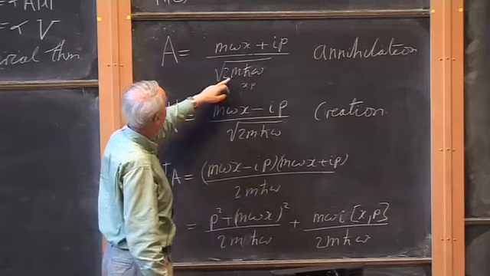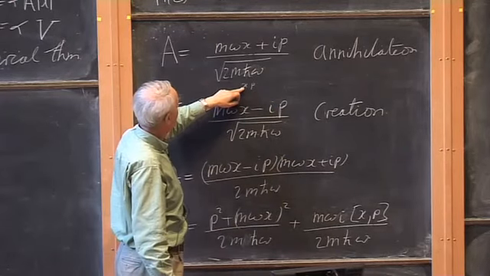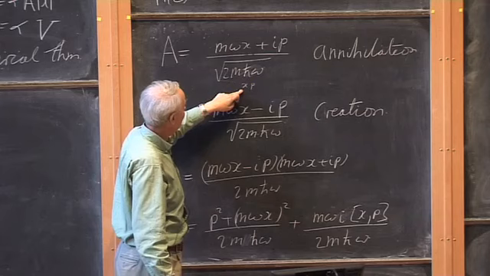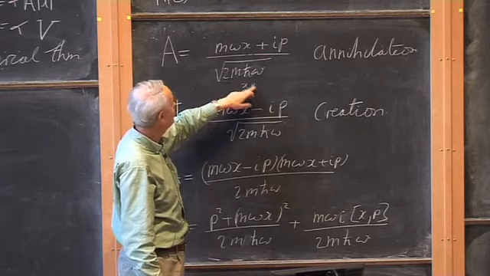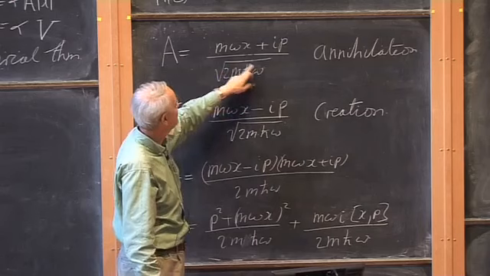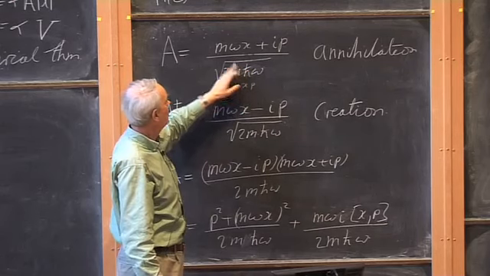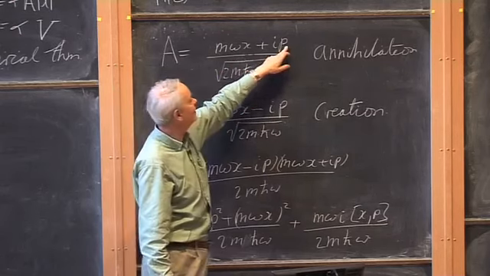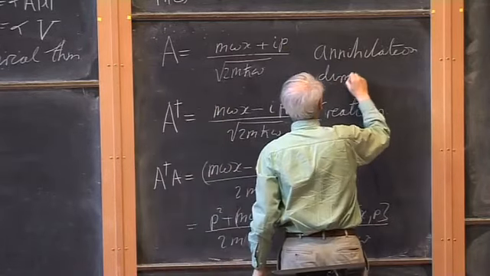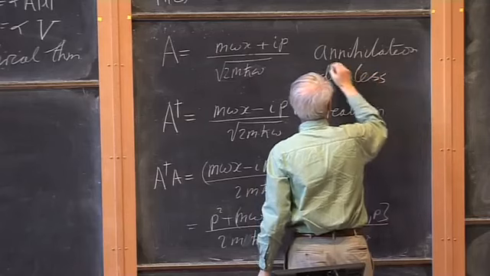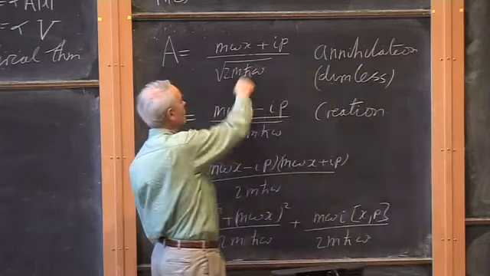So what we have here is m omega x, which we've agreed has dimensions of momentum, times p, which has dimensions of momentum. Then we take the square root. So this on the bottom has dimensions of the whole square root of momentum squared, and therefore cancels the dimensions of what's on the top. So it's dimensionless. That's the purpose of the horrible square root.